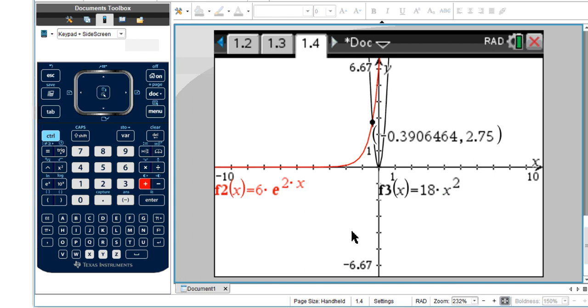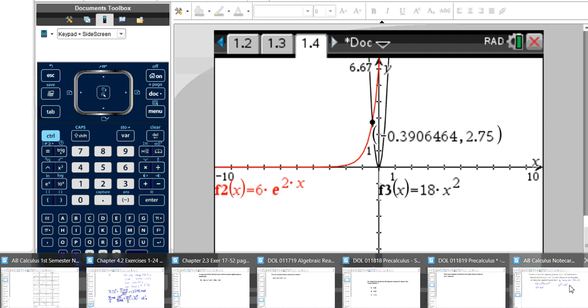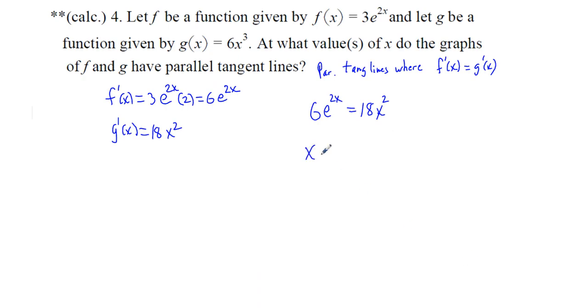We can go out by, so we can go negative 0.3906. So we get x equals negative 0.3906.